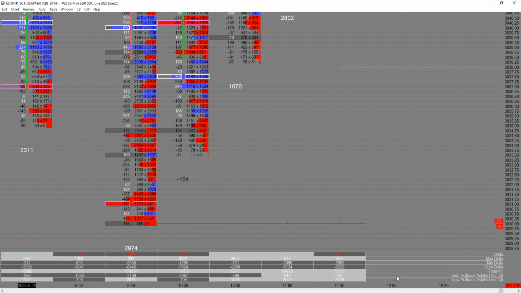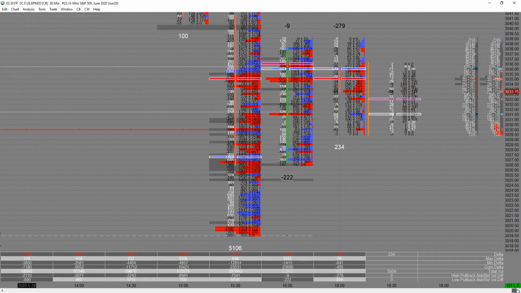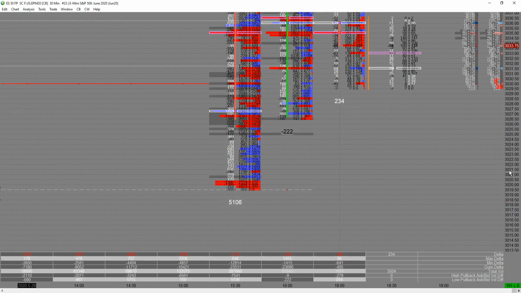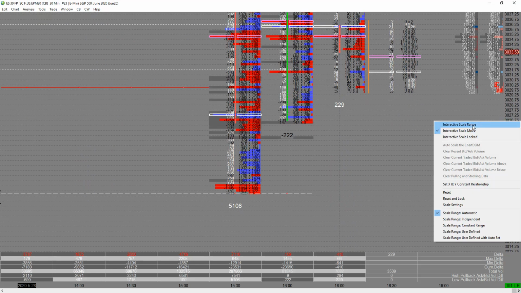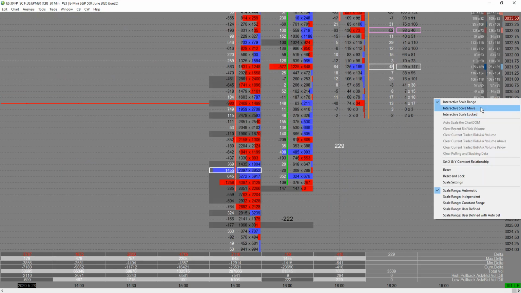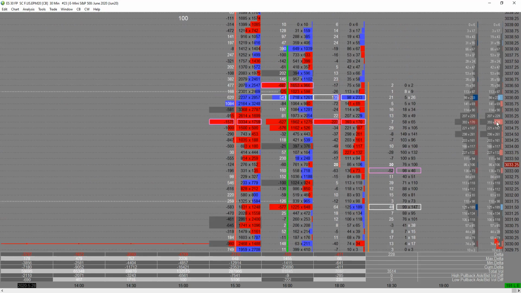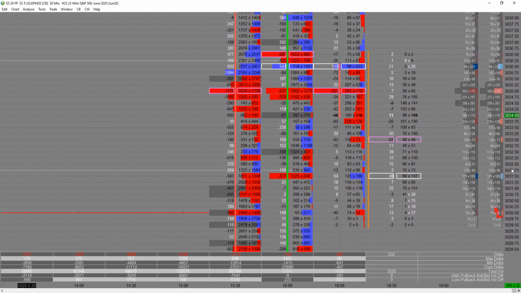We don't see it here, but because it's now overnight and my profile updates at every session, I generally have the profile with the levels that have the absorptions. So this is the level that's trading now that has the most negative absorption, as you can see.